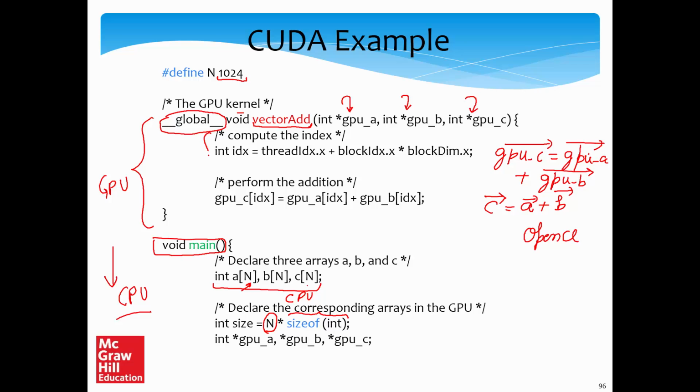The first thing we do within this function is compute the index, right? Just as we used myID in our OpenMP and MPI programs, the index refers to which element it is. It's very easy to compute.